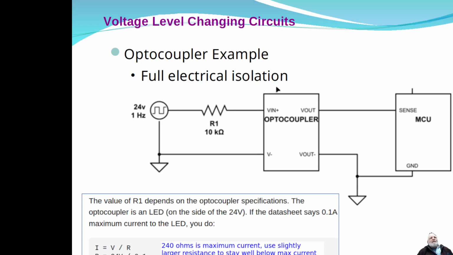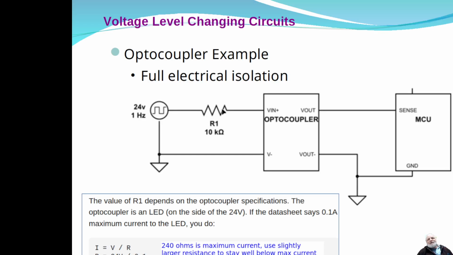Okay. Now, a lot of times these optocouplers are simply used for communications, as we've shown here. So over here we have some sort of input coming from, again, it could be another microcontroller, and we're running it through here. Now this has got a 10K resistor here.